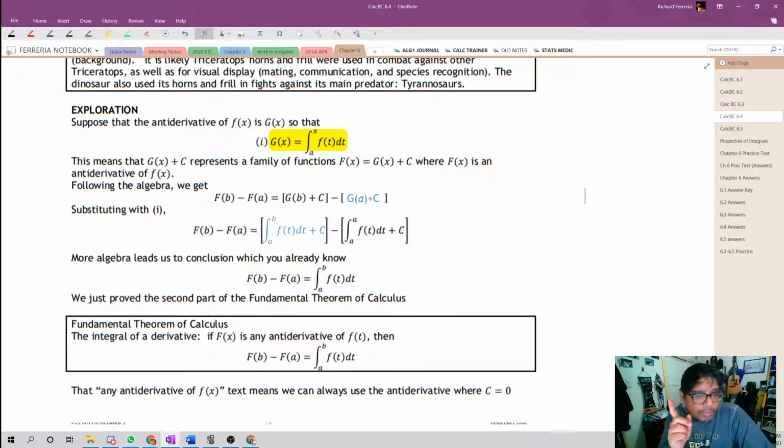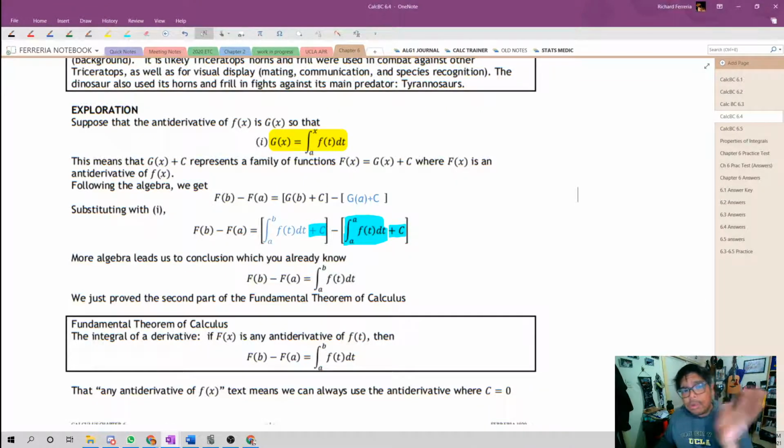Now, there's a few things that are going to happen here. The first of which is you notice that the plus c is going to cancel. The next thing you're going to notice is that in the second bit here, this integral from a to a is equal to 0.